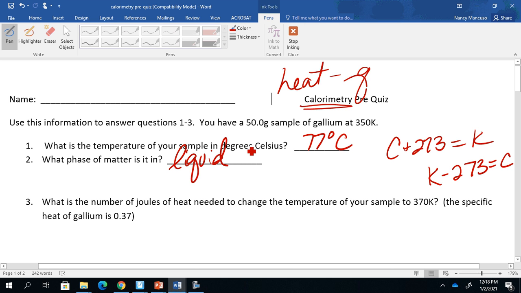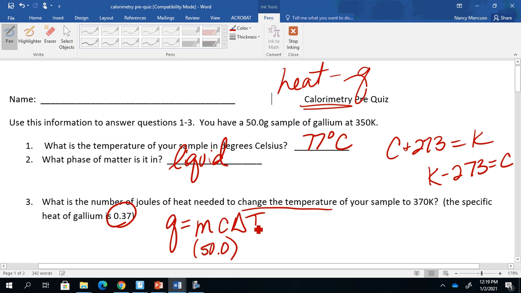All right, next question. What's the number of joules of heat needed to change the temperature? So if I'm changing the temperature, I want Q equals mc delta T. So I'm going to solve for Q. My sample is 50.0 grams. C is the specific heat. If I had water, it would be 4.18, but I don't have water, so they have to tell me the specific heat. So they tell me it's 0.37.